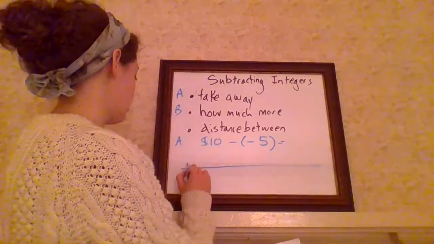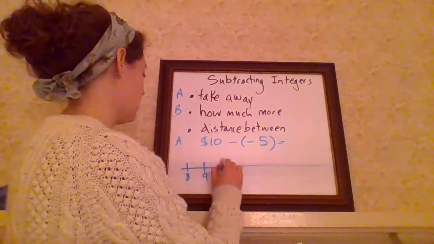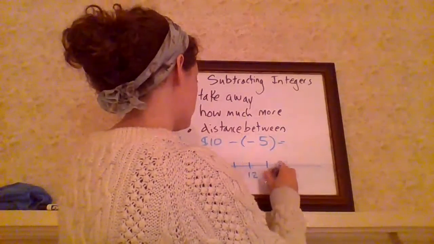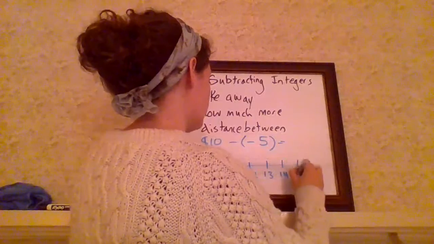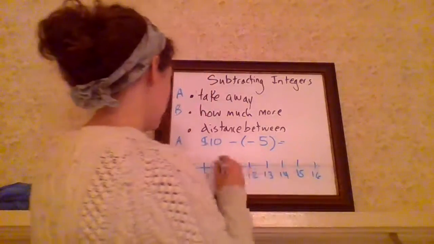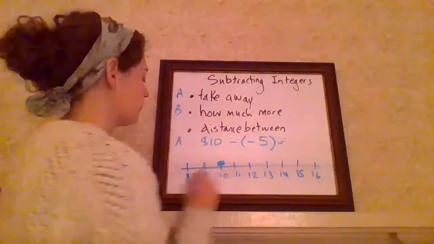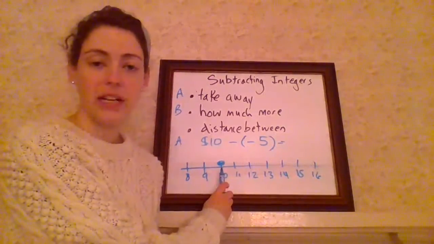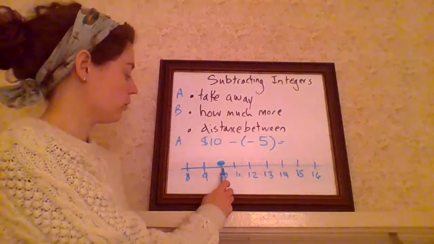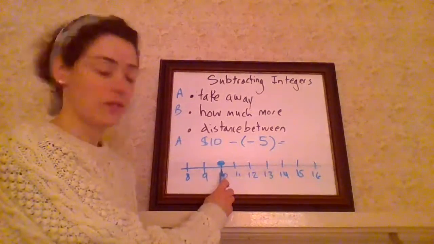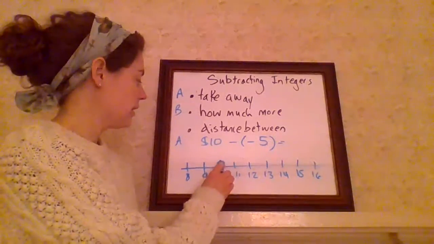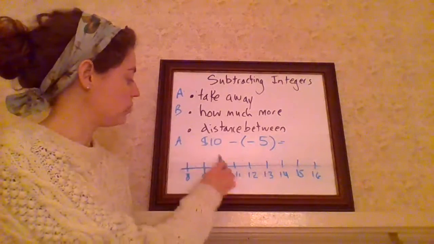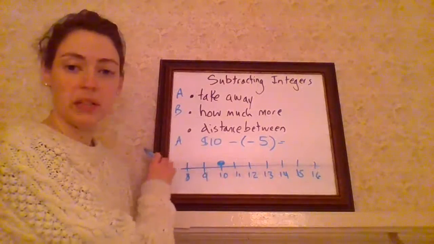Let's just start our number line here at 8, 9, 10, 11, 12, 13, 14, 15, 16. Okay, so you have $10 and you are getting rid of a debt of $5. So you're subtracting a negative number. What that really means is if you were going to be adding a negative number, you would be going down. You would be losing money because you'd have a debt.